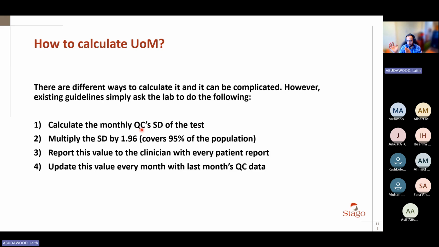I take the standard deviation of my pathological control and multiply it by 1.96. So the uncertainty of measurement at around the concentration of the normal is this much. The uncertainty of measurement at around the concentration of the pathological is around this much, which is 1.96 multiplied by the standard deviation. And this is to be done every month.